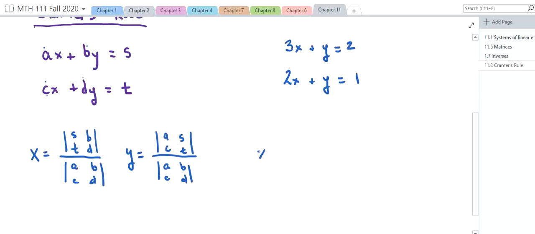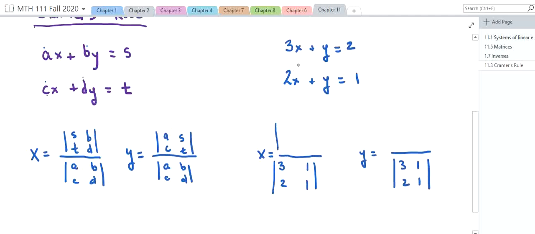So let's do that over here for our system. With the denominators first, we'll have 3, 1, 2, 1. That's the denominator's determinant. For y, this is going to be the same: 3, 1, 2, 1.